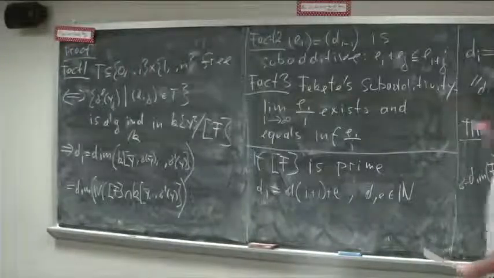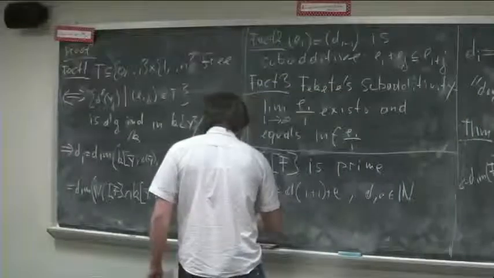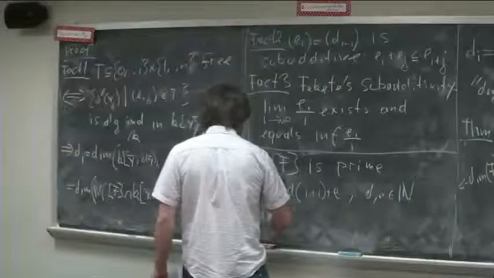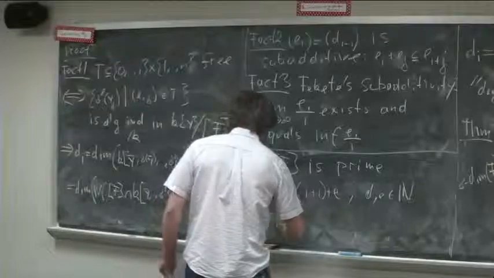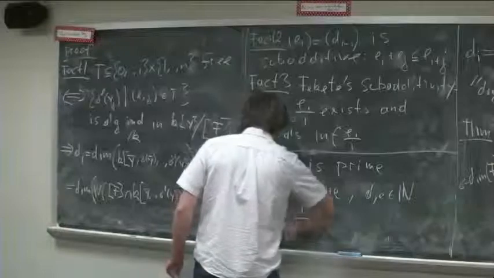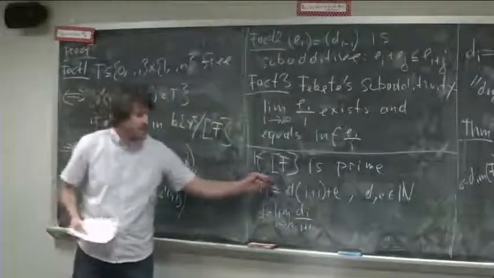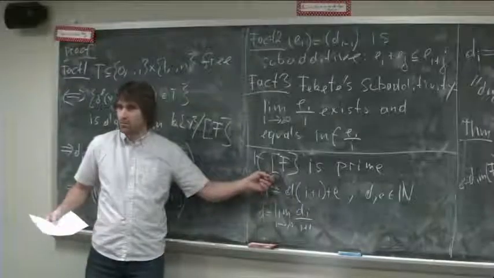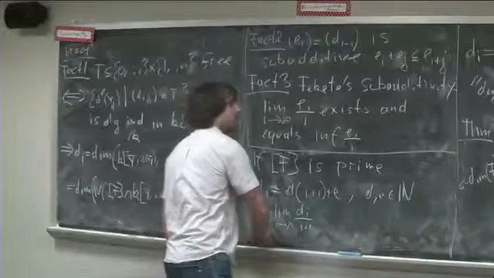And in that case, d is then equal to this limit, the difference dimension. So in that case, it is an integer, but in general, it need not be an integer.